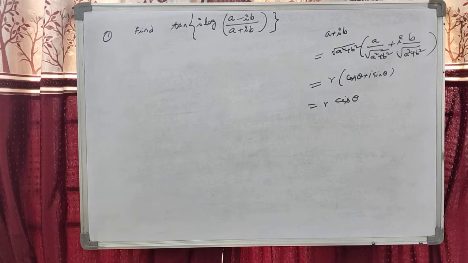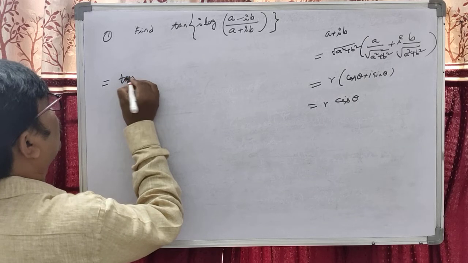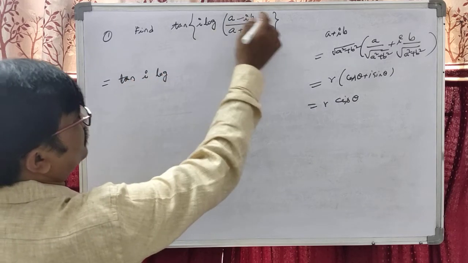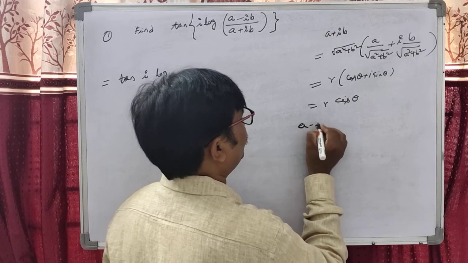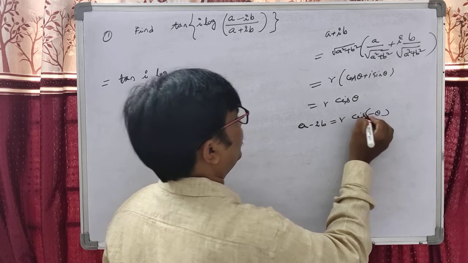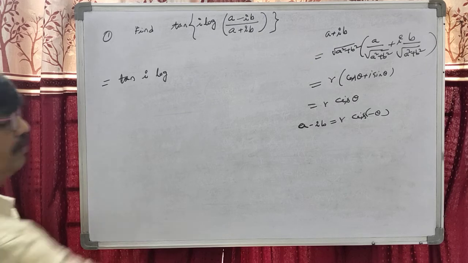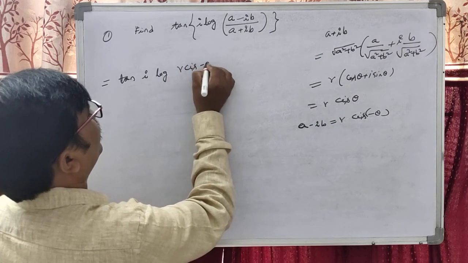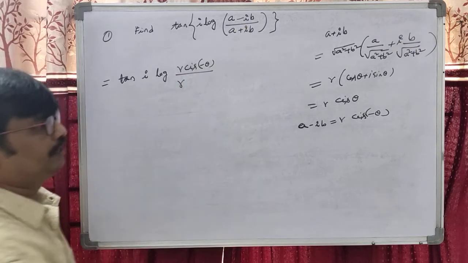So students, this is tan of i log of (a − ib)/(a + ib). Suppose a − ib can be written as r cis(−θ).